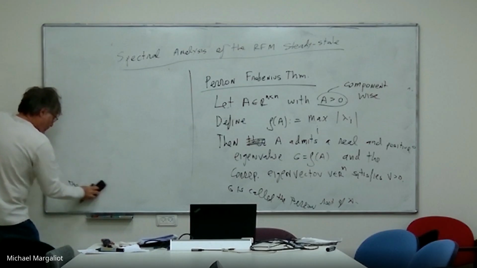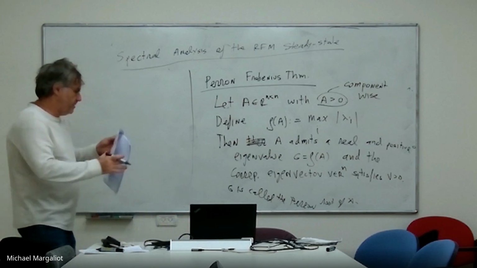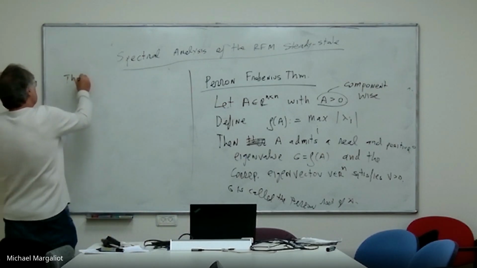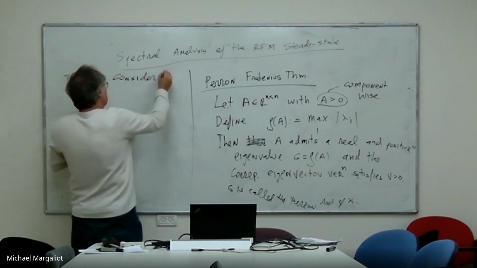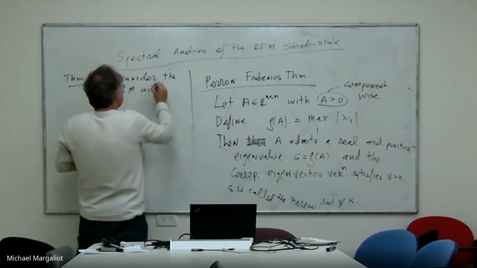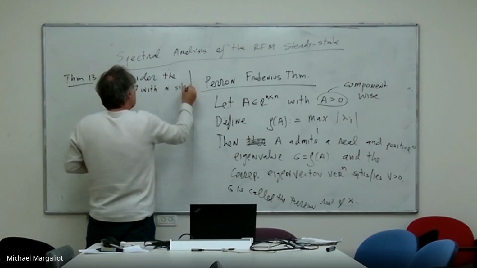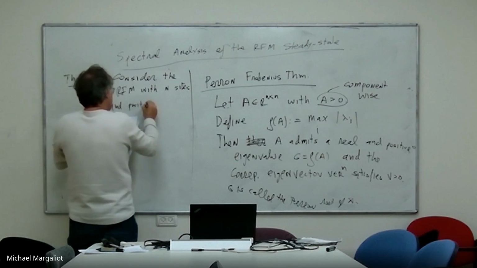Now, we give an application. This is theorem 13 in the lecture notes that I've sent you. Consider the RFM with n sites and rates. The rates are always positive.